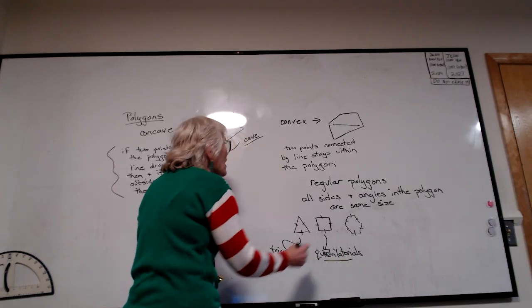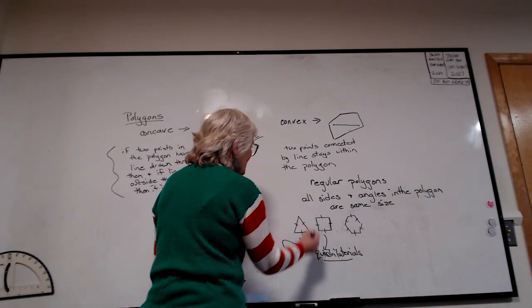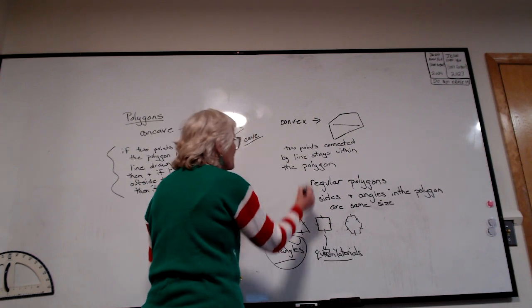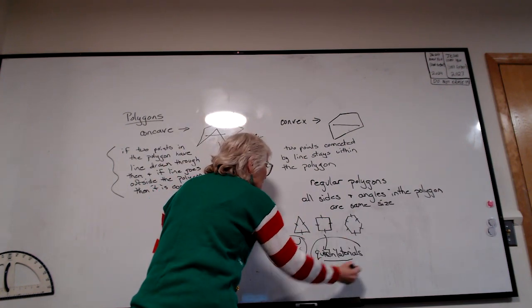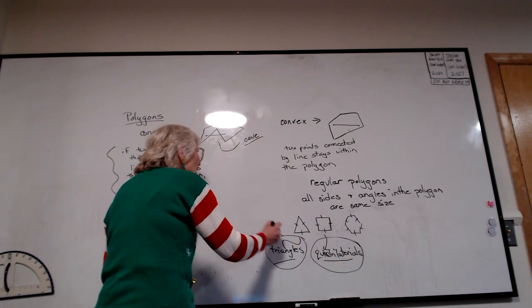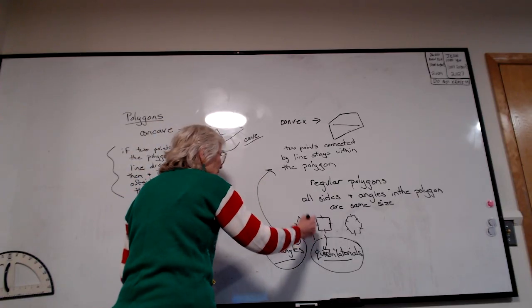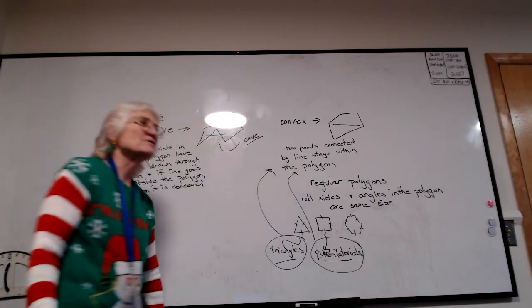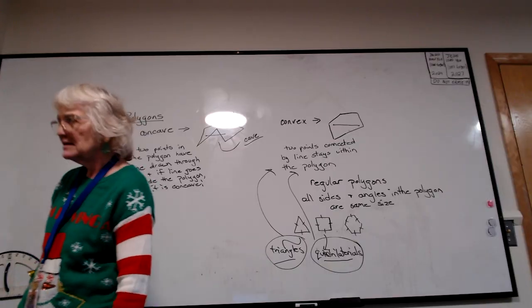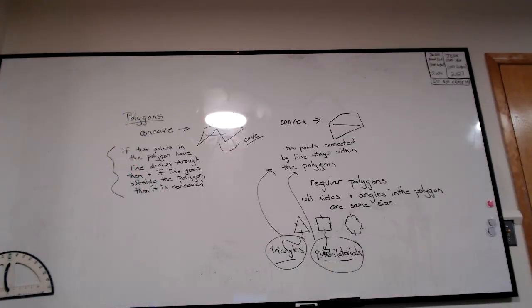So they do not fit into regular, however. All triangles are not regular, all quadrilaterals are not regular, but they are all convex, okay? All quadrilaterals and all triangles are convex, that we talk about, that we name.